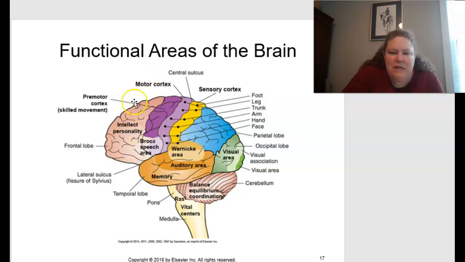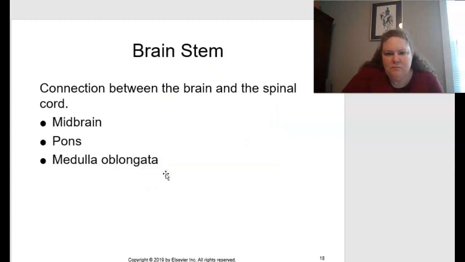So our intellect and personality is going to be in that frontal lobe. That Broca's speech area is here. We have our motor cortex, our sensory cortex, auditory where we hear, the Wernicke's area, our memory here, right? Our cerebellum is going to be for balance, equilibrium, and coordination. All right, so this is a great little summary of what we just talked about on the previous slide.